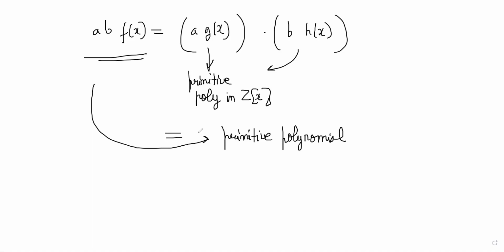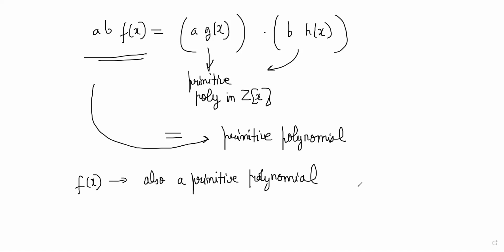That means that f of x is also a primitive polynomial, and ab must be equal to plus or minus 1. So you can say that the choice of b must be 1 by a or something like that, right?